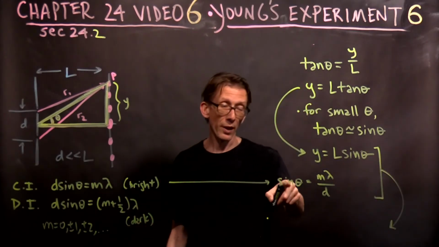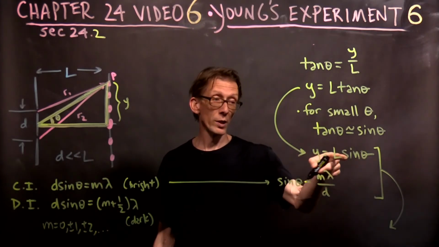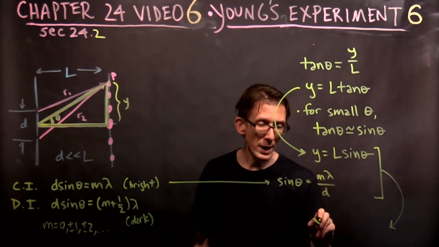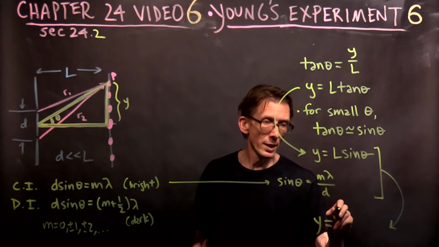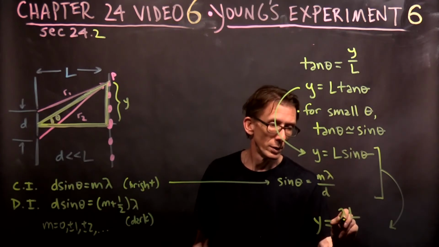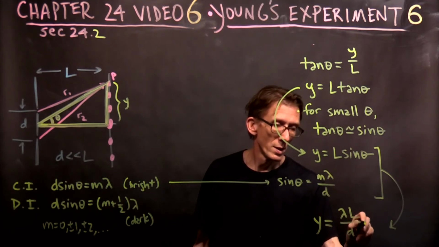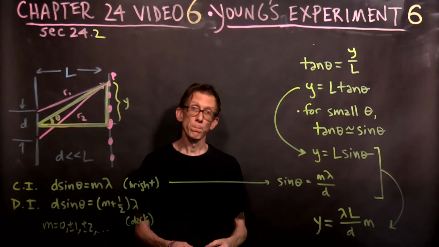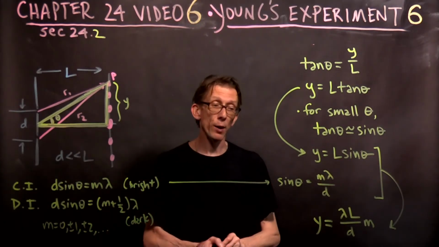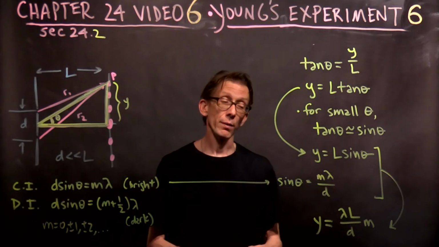Sine theta is m lambda over d. We have y equals L sine theta. We can write y equals lambda L over d times m. Okay. Y is lambda L divided by d, times m.